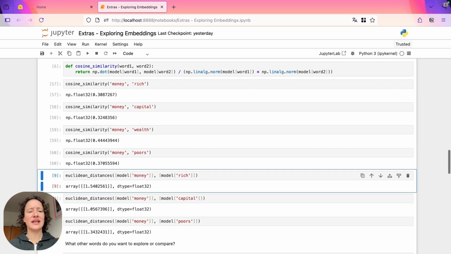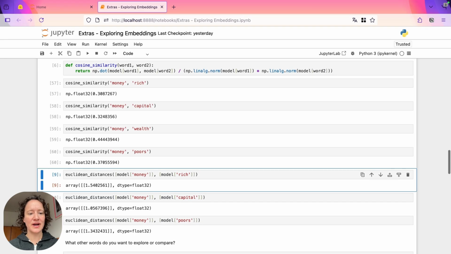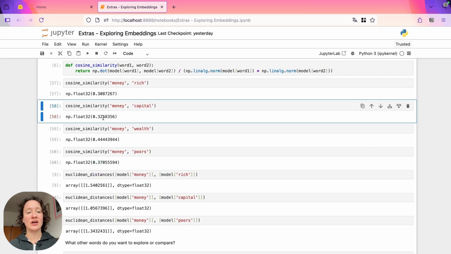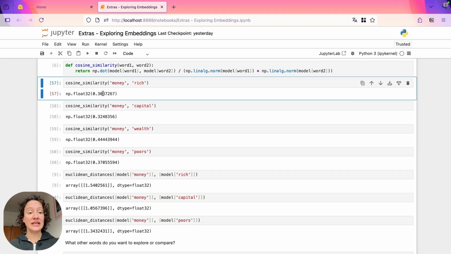So now we're starting to get some interesting information about our training data. Money and pores is technically with cosine, and cosine isn't always the best measurement, so interpretations here can vary. But money and pores is technically showing up closer together in the text that Facebook trained on than money and capital, and certainly more than money and rich.